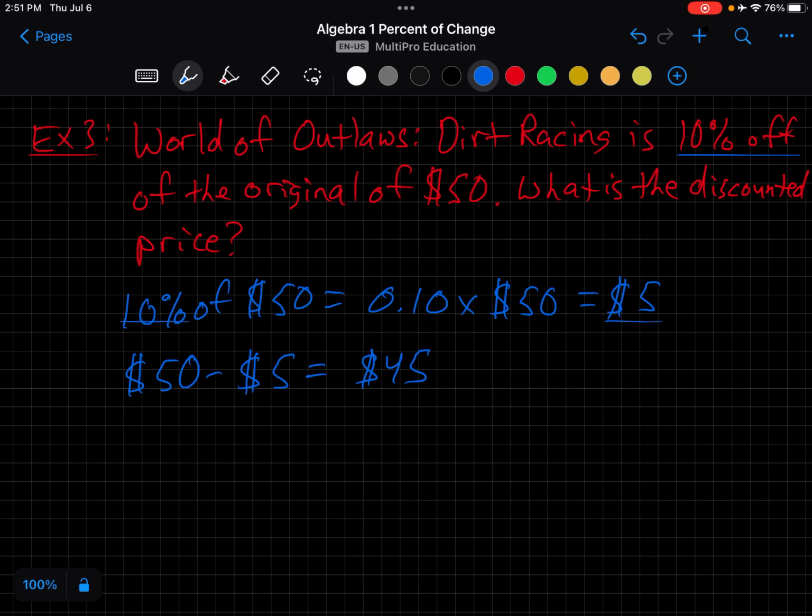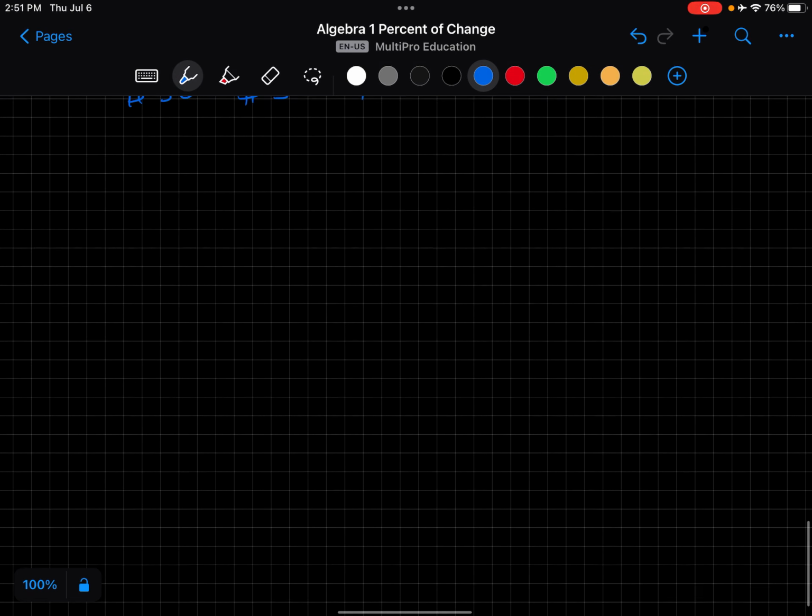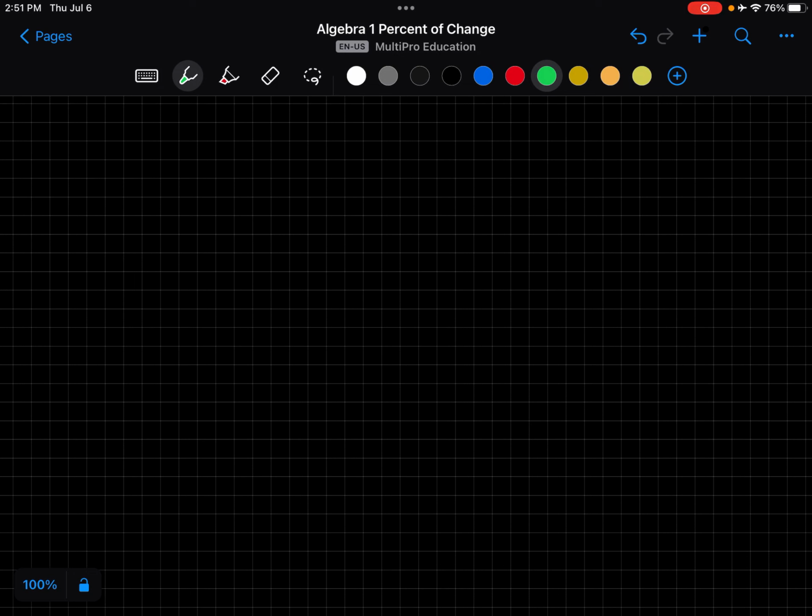Okay, let's look at a problem here. Again, some of this data is just made up, so can't take too much seriousness with it.